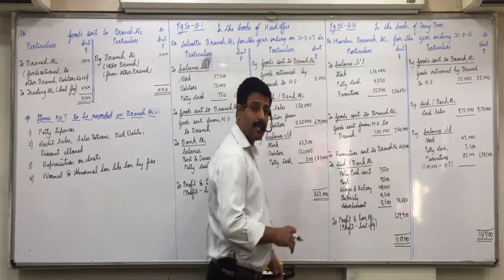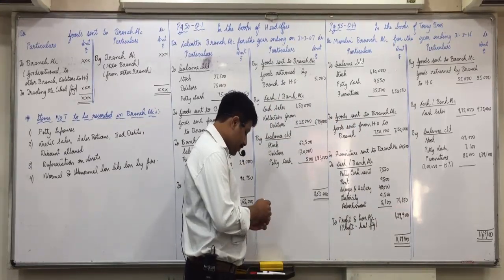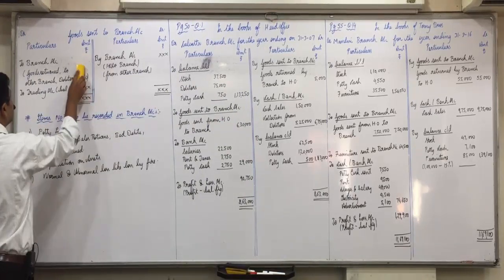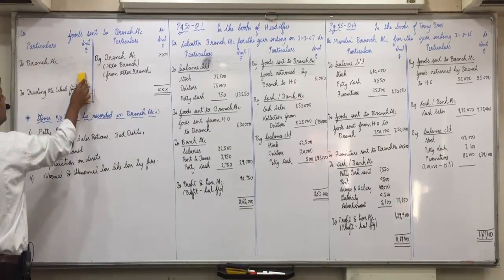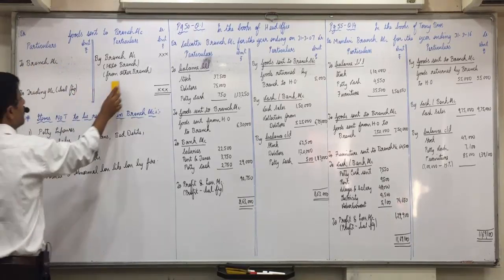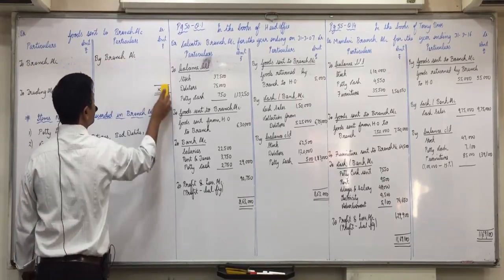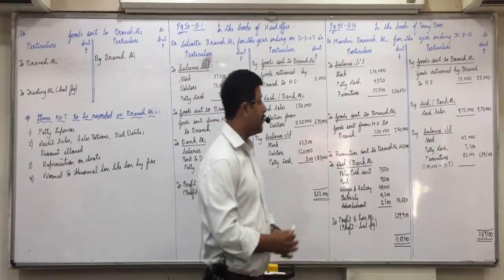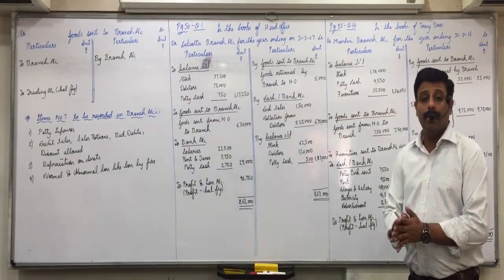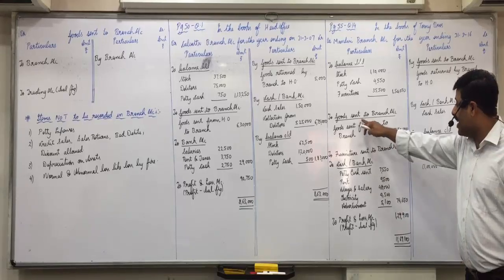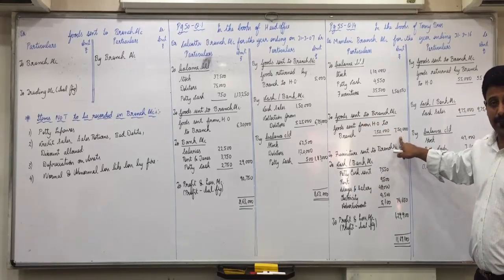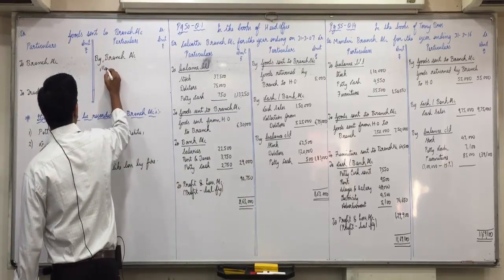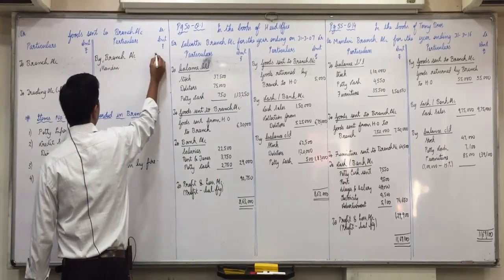Did everyone understand this? Now, be attentive. Understand it, then you can write it. Everyone be attentive here. On the debit side we have goods sent to branch 7,50,000. So on the credit side you will write by Mandvi branch account 7,50,000.